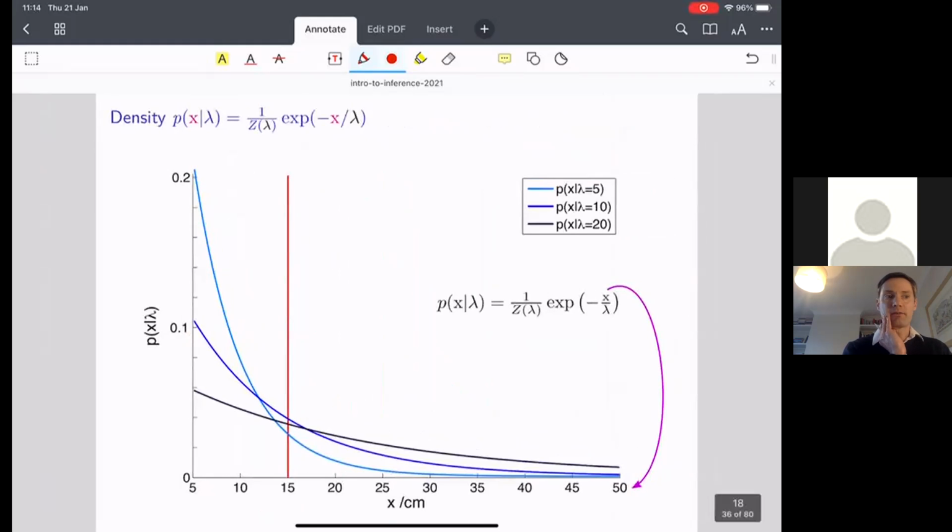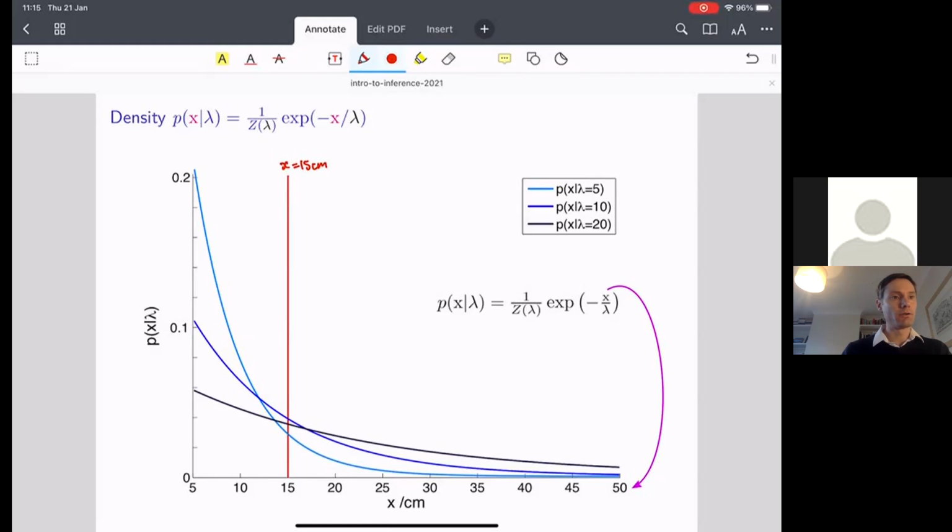So let's go back to our density plot to really understand why that's the case. Here is our x equals 15 centimeters location. And again, I've shown the three densities that we started plotting to begin with, for lambda equals 5, lambda equals 10, and lambda equals 20.